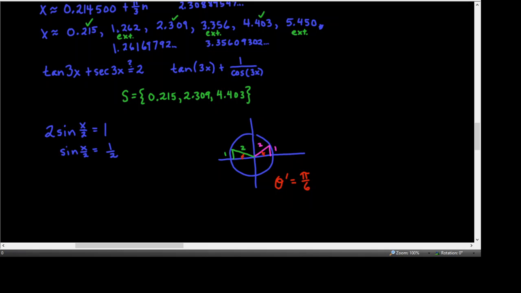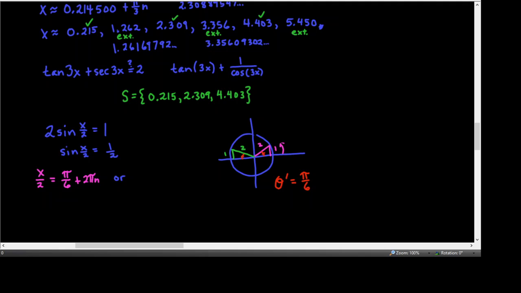So the pink angle is actually the pi over 6. So x over 2, the argument of sine, is equal to pi over 6, and then everything coterminal with it, plus 2 pi n. Remember, when it's not plain x, even if you're just supposed to find the ones between 0 and 2 pi, you really should write that anyway, because it's just a safety net to make sure you capture everything.